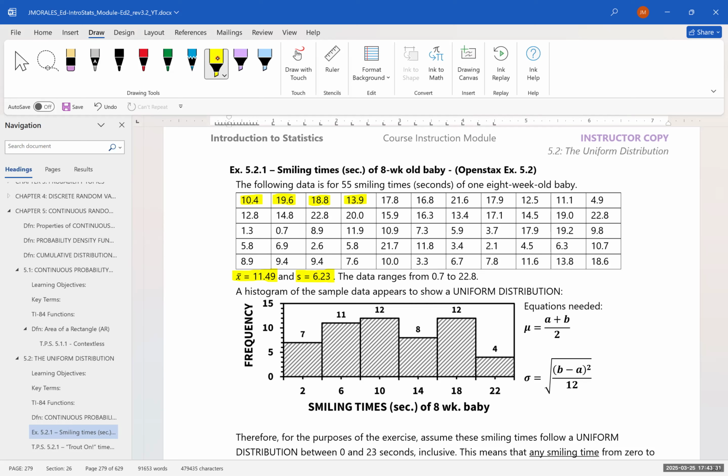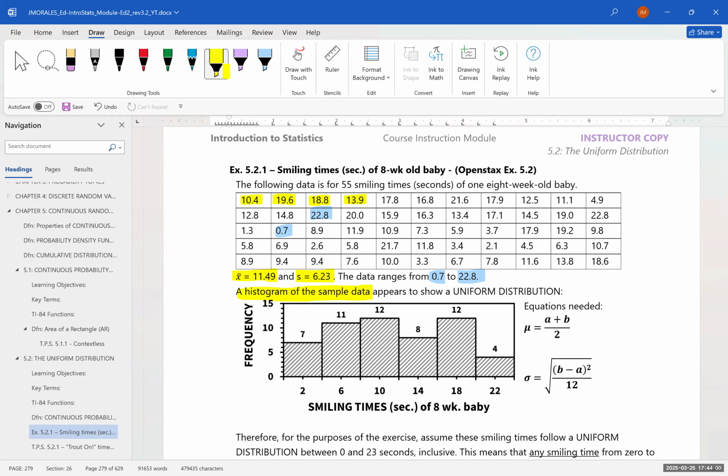And notice that the minimum value here is 0.7, and the maximum value should be 22.8, which is right there. So this data is not sorted from smallest to largest. Now, if we were to take this data and create a histogram, this is what the histogram of this sample data would look like.